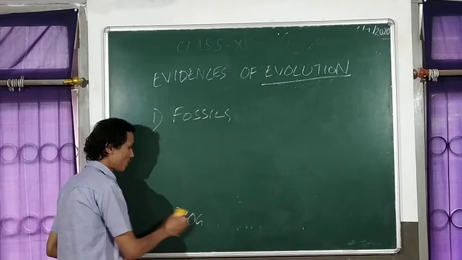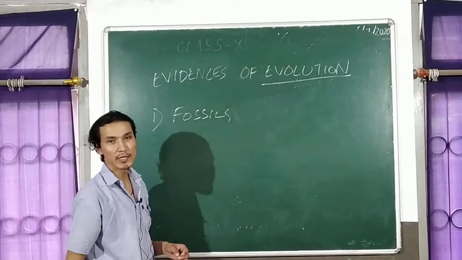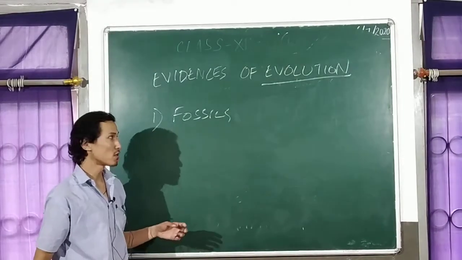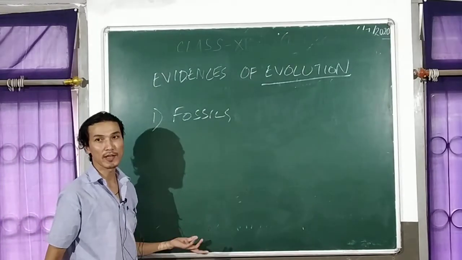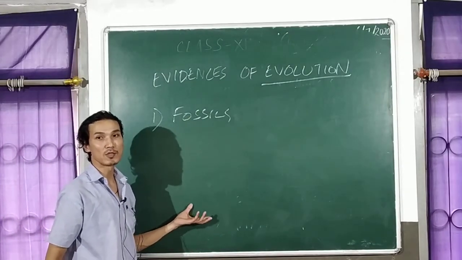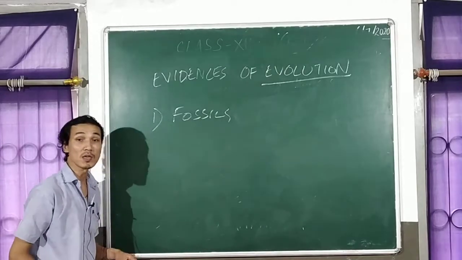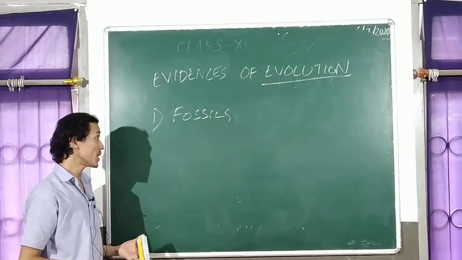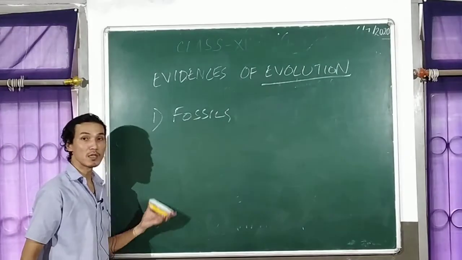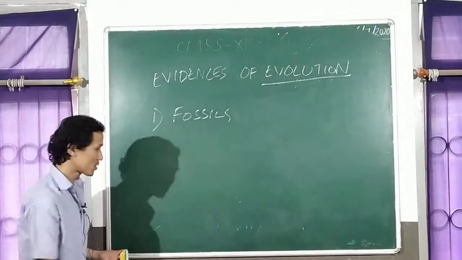When we talk about fossils, fossils are nothing but the dead remains of organisms. There are many types of fossils, entire organisms, in which an entire organism is preserved, or in some cases only the occurrence of organisms are preserved. The earth is made of various layers of rocks.